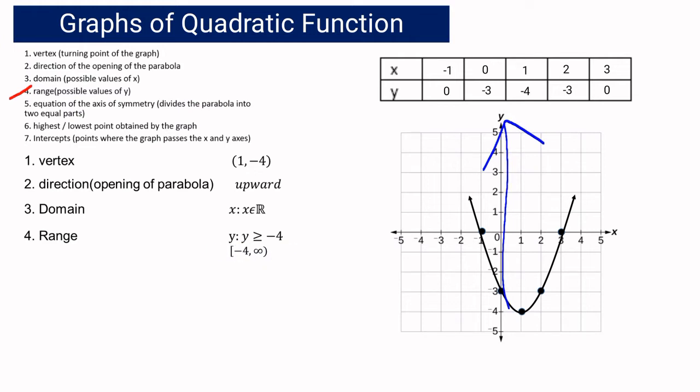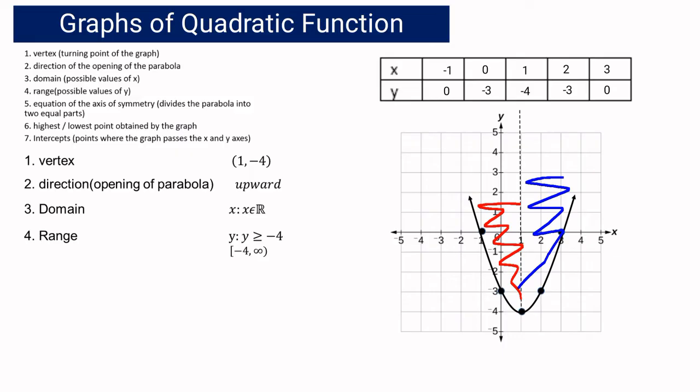And then the next, we have here the equation of the axis of symmetry. The axis of symmetry divides the parabola into two equal parts such that half of the parabola is exactly the reflection of the other half. Now, this line that we draw here is the axis of symmetry because this half is actually the reflection of the other half.